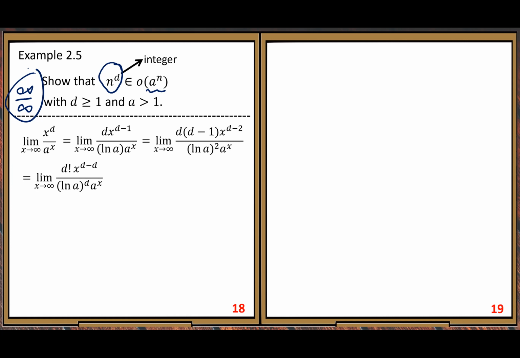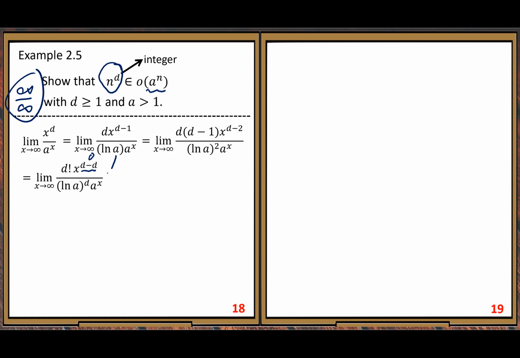Which one is the last one? First, d factorial. And when you look at the variable part, x to the d minus d. d minus d is 0, and x to the 0 is 1. 1 is not a variable, it's a constant.